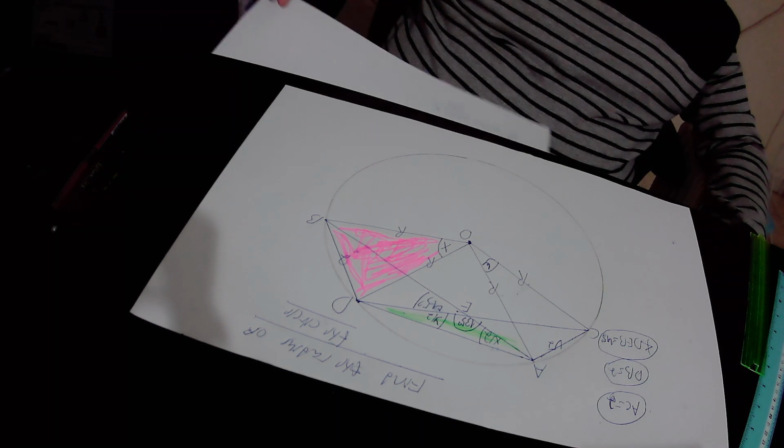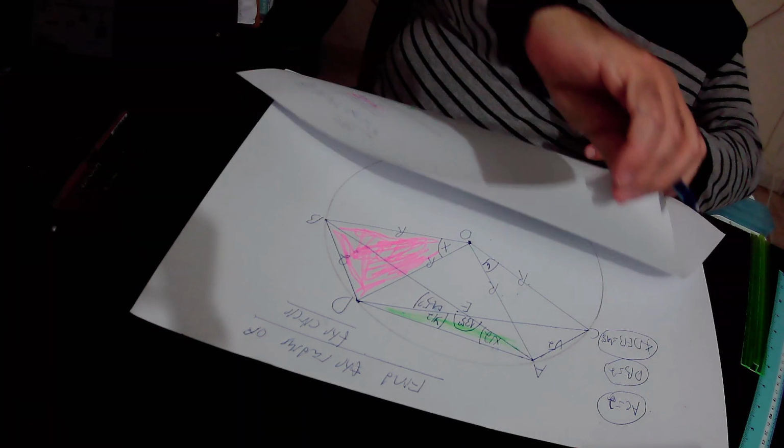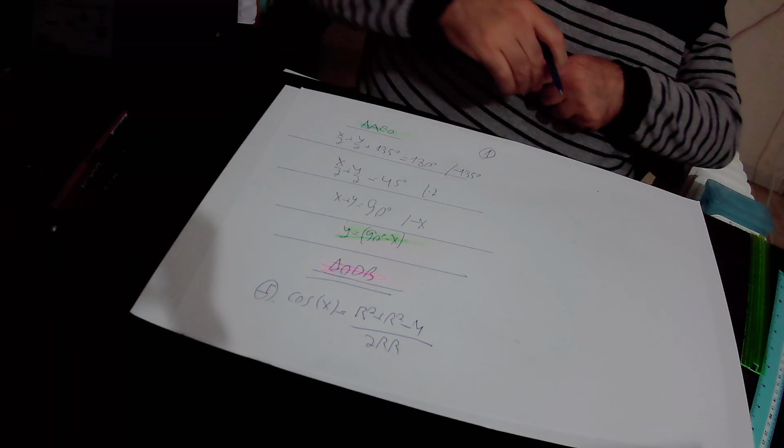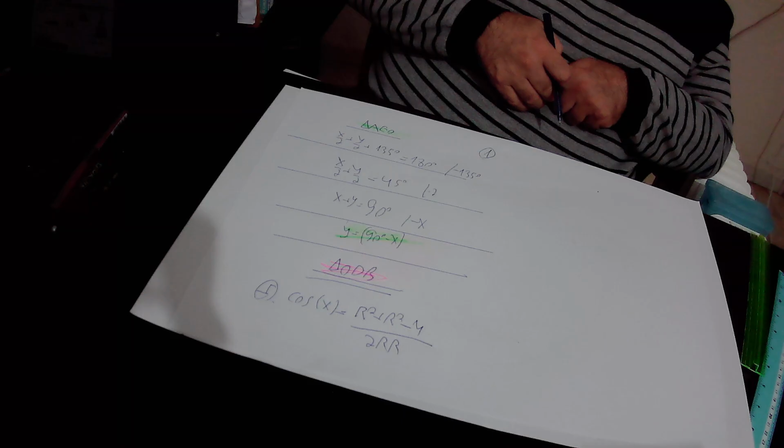So actually, this equation number 1 is the implementation of the law of cosines on the pink triangle, ODB.